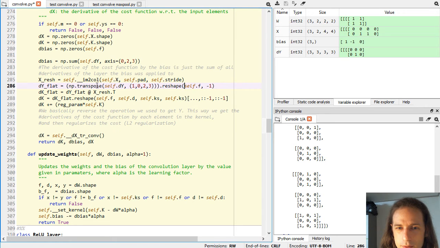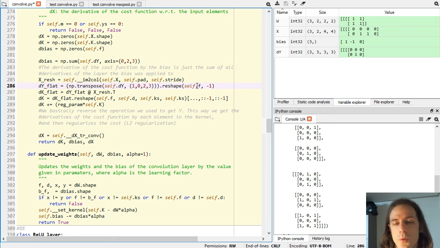We transpose this tensor the way we need to, and then reshape it so that the number of rows will be the number of layers, the filter number, the layers in the output.